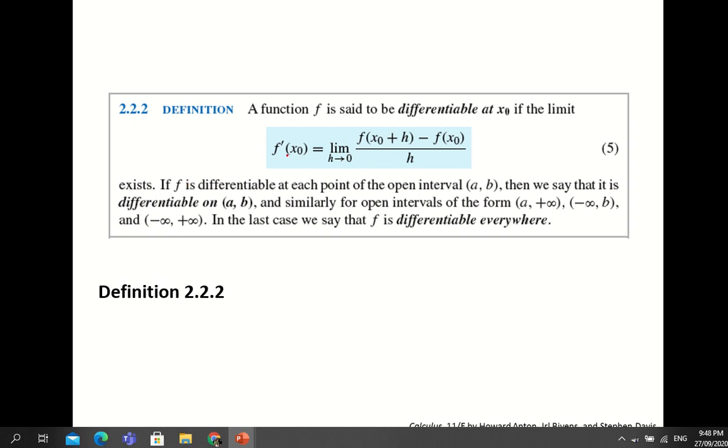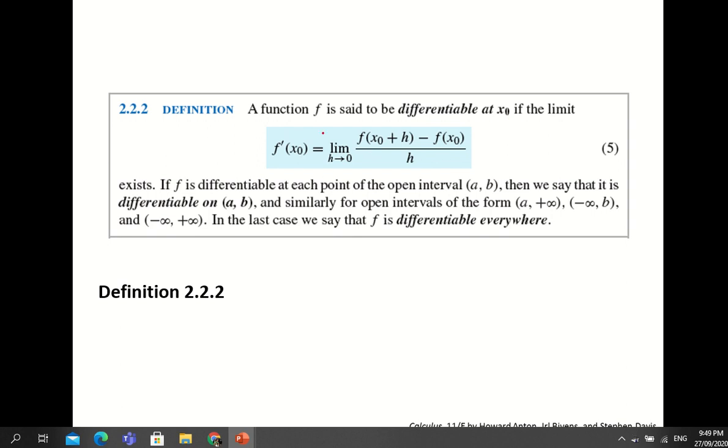If we know that the derivative of the function exists as h approaches 0, if you refer to the secant graph that we have seen a while ago, so if it exists, therefore the function is said to be differentiable at x sub 0.